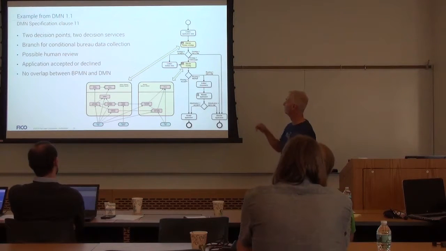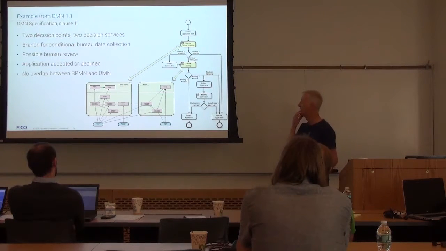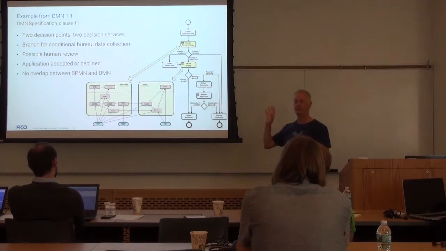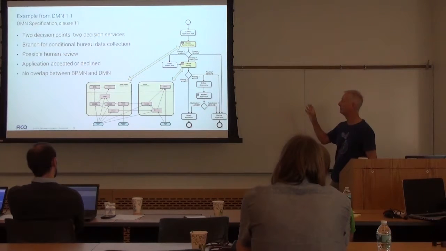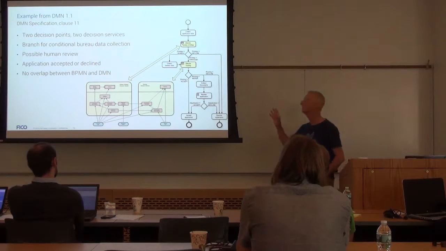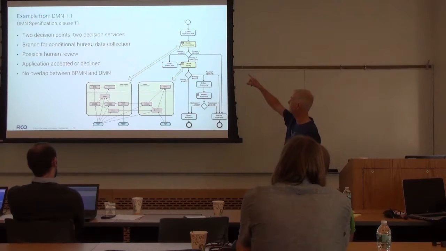And then route the case possibly through a human review. And the application is eventually accepted or declined. In this formulation of the solution in the spec, there's no overlap between the BPMN and DMN. All the decisioning takes place in those two yellow activities, and BPMN handles everything else.